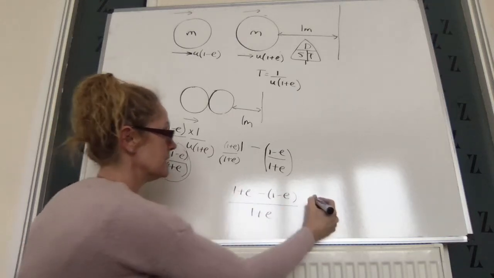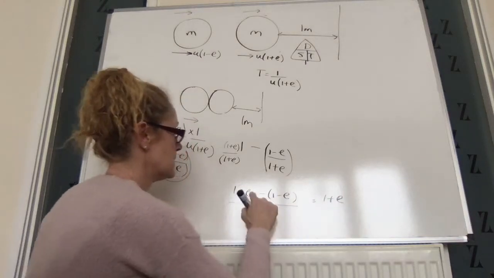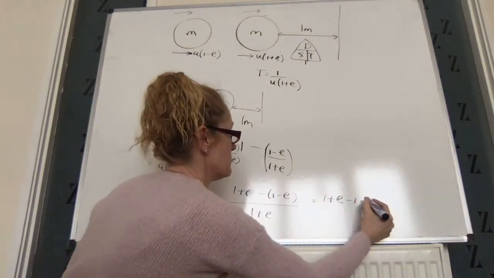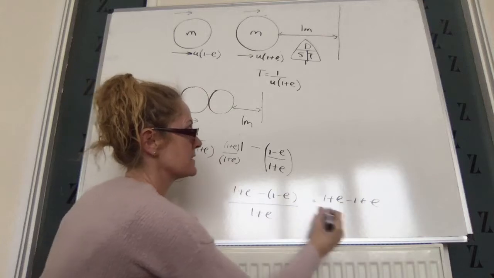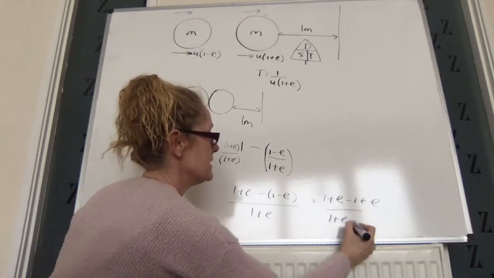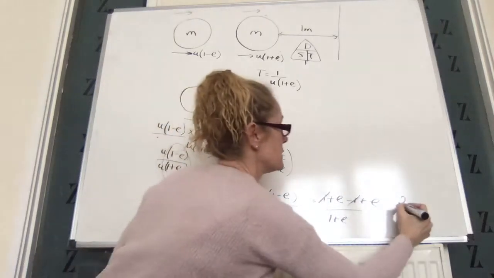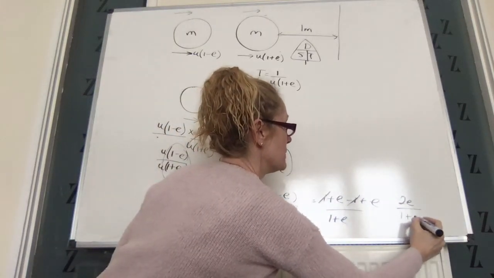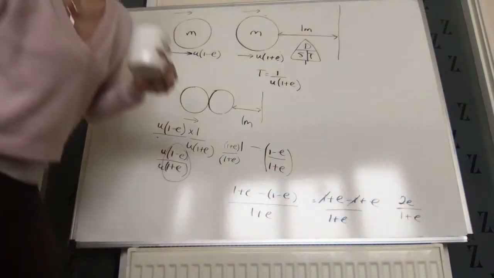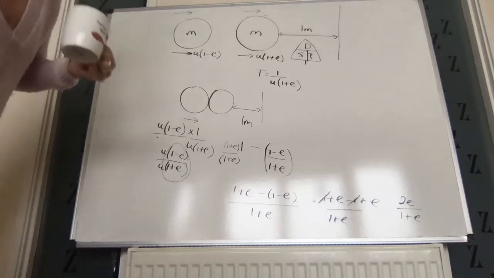That's 1 plus e minus 1 plus another e, because minus minus e, over 1 plus e. The 1 and the 1 add to 0, so we get 2e over 1 plus e. Okay, so that's right.